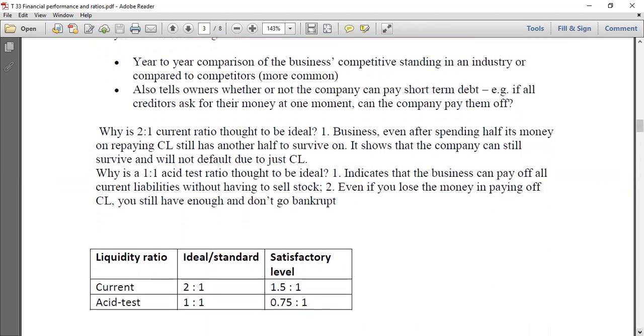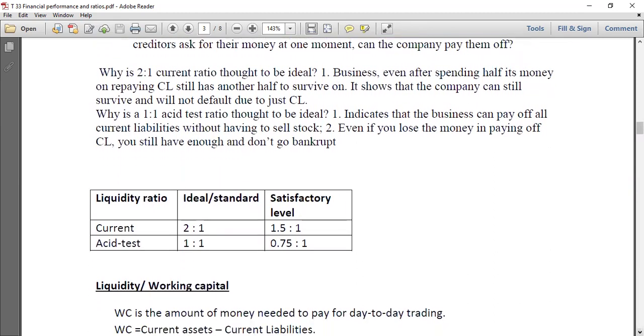In the business world, we normally say the current ratio must be 2:1 at least: 2 current assets to settle 1 current liability. That's the ideal ratio, because even if you settle the entire current liability, you have another half to survive.